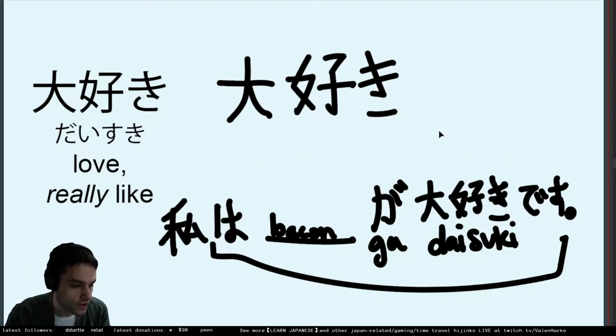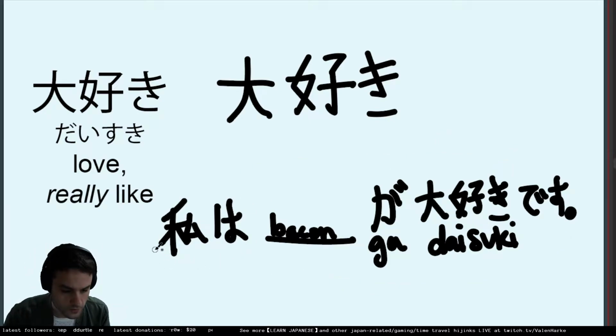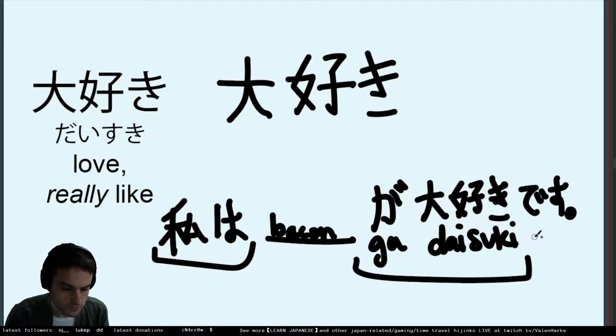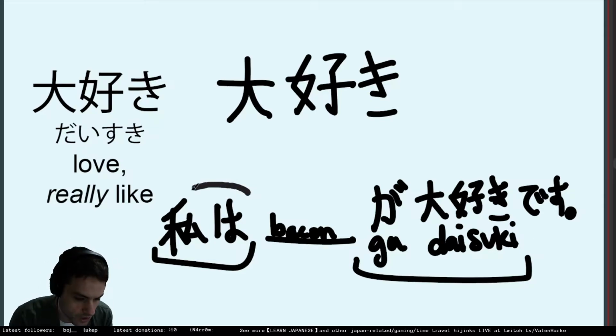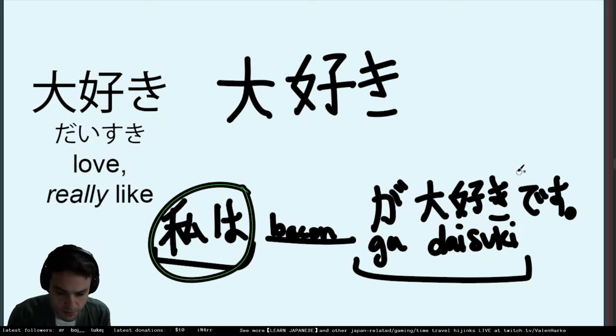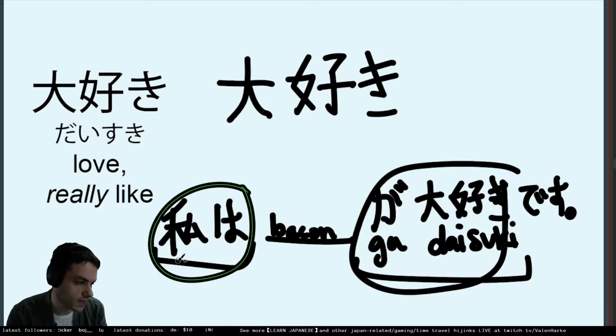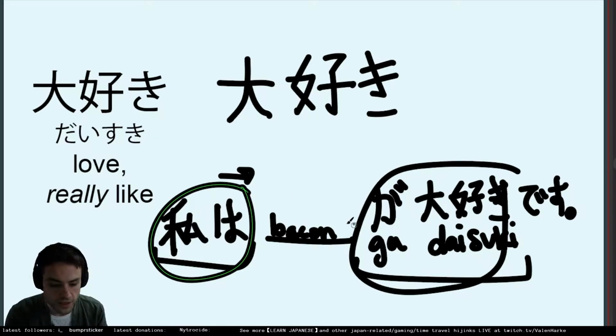So what I want you to know right now is, you're basically talking about yourself, right? But you're saying something that you love. So you're talking about yourself and saying something that you love, and that's all that's going on there. Watashi wa is basically, you're using the wa particle to connect yourself to the rest of the sentence. That's it. Okay?